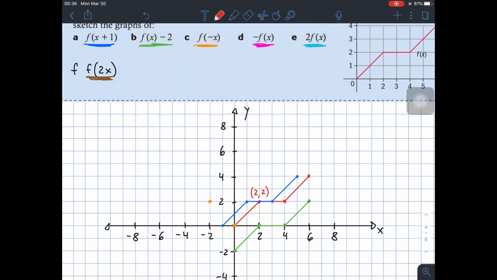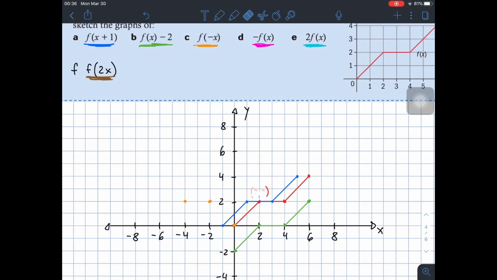And we're gonna do the same for all of the points. For example, this point over here has coordinates 4, 2. So for the reflection, this would have coordinates negative 4 and 2. Negative 4 and 2 is here. Okay?